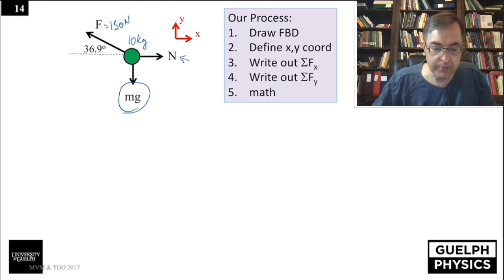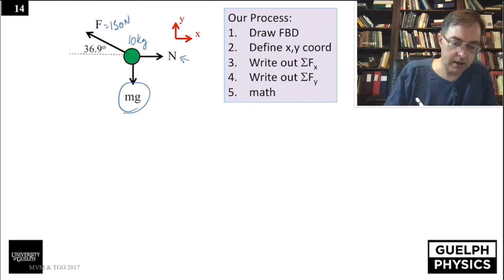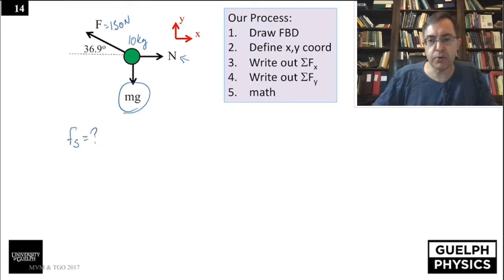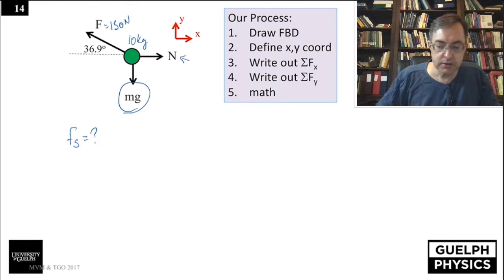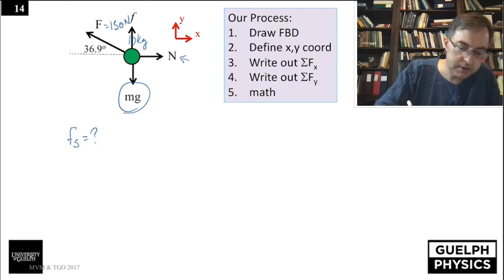And then we can define a coordinate system: up is positive along y, and to the right is positive along x. Now the issue here is what is the static friction force, and does it point up or down? As a preliminary guess, I will take the static friction force to be up.